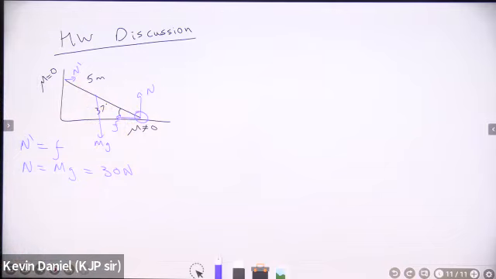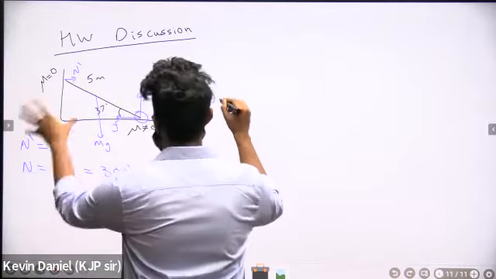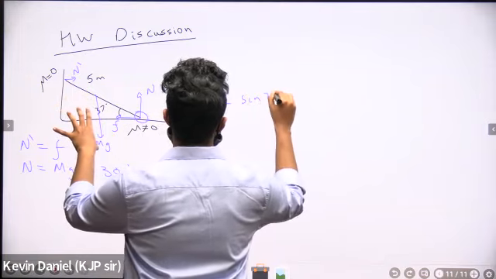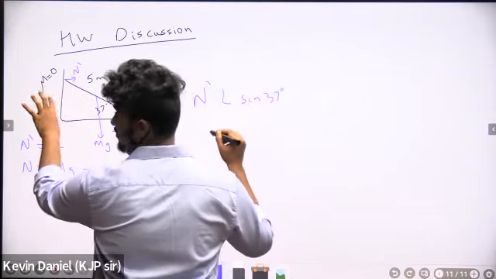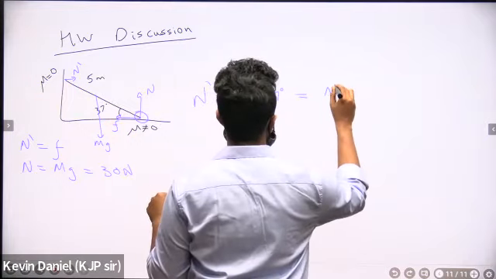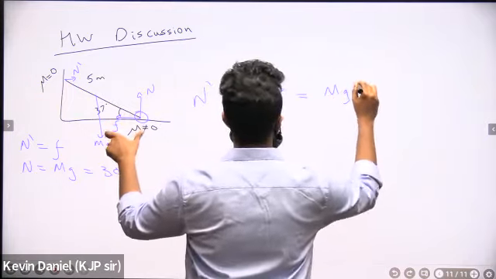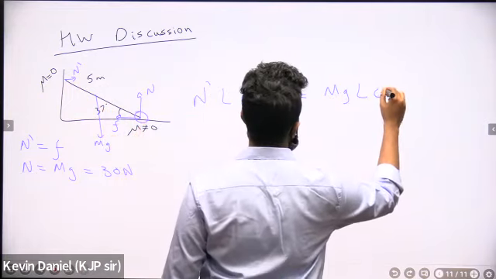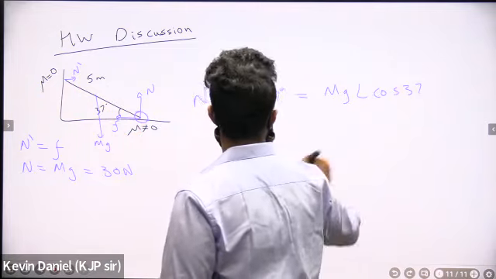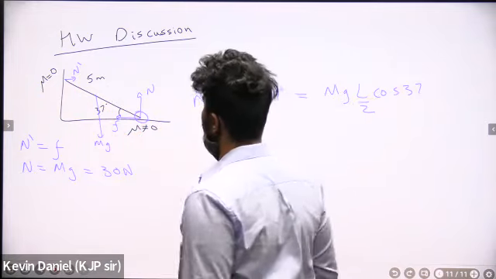ठीक है? तो उसके about अगर torque लिखेंगे तो n dash का torque, which is going to be n dash L sin 37, right? Is equal to mg का torque, which is going to be mg L by 2 cos 37.